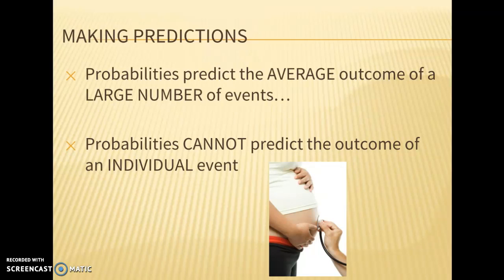You can't say, oh, I've had 3 boys, I'm supposed to have a girl now. No, that's not the case. For an individual event, you just go with what is there. But if we look at a large number of events, usually probability comes in more clear, and the larger the number, the better results we're going to get.